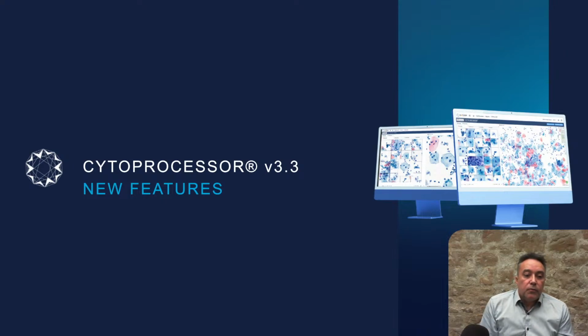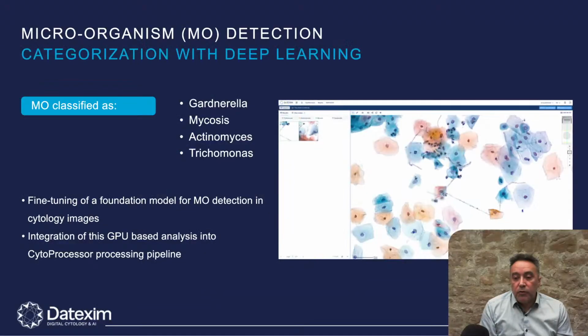So now let's have a look at the new features of CytoProcessor version 3.3. One of the main new features is a new, optional module to detect microorganisms. That was something a lot of users were requesting from us. So we created a new detection tool based on deep learning.